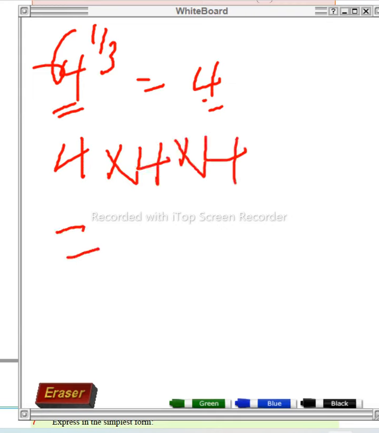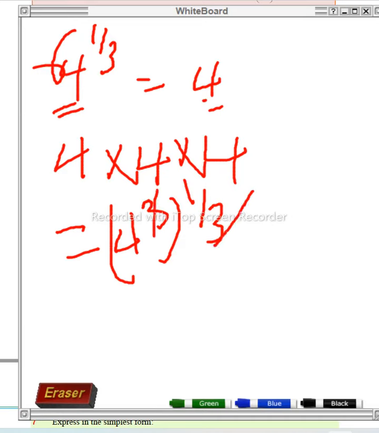This means 4 to the power of 3, so 64 is 4 to the power of 3, and we have the power of 1 over 3 on it. So the 3 is cancelled by this, and 4 is the correct answer. So we show that 64 to the power of 1 over 3 is equal to 4.